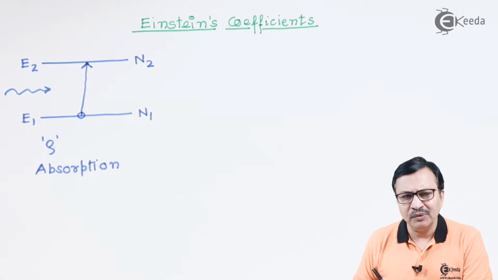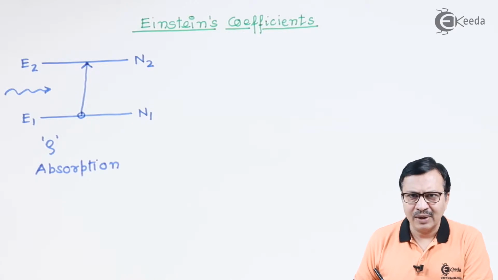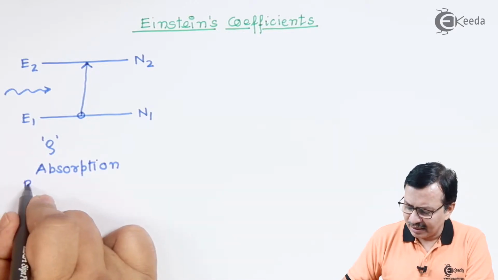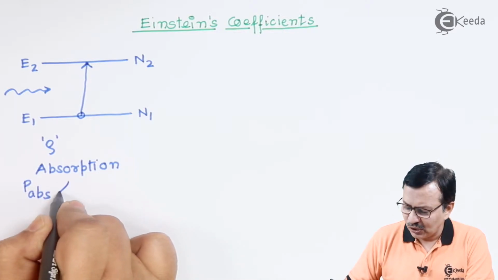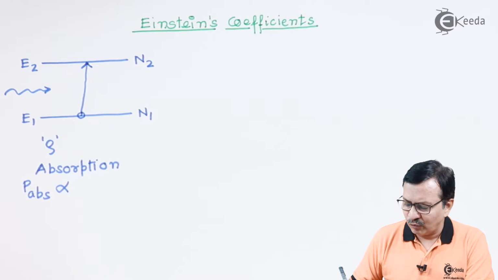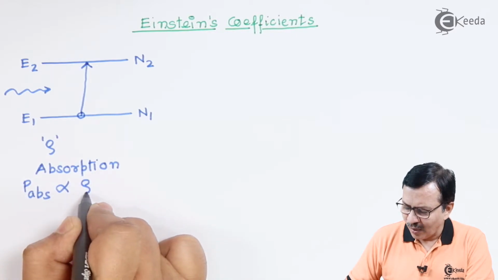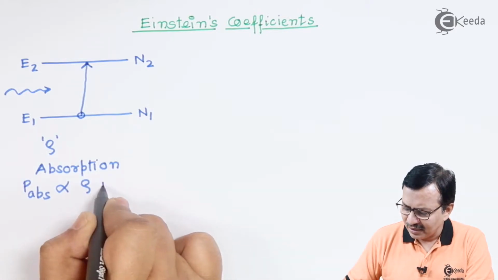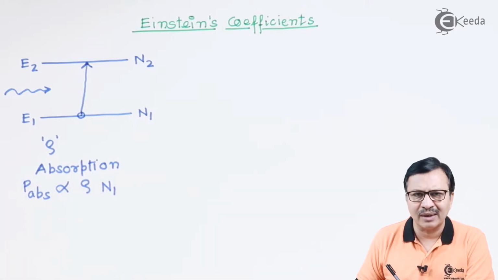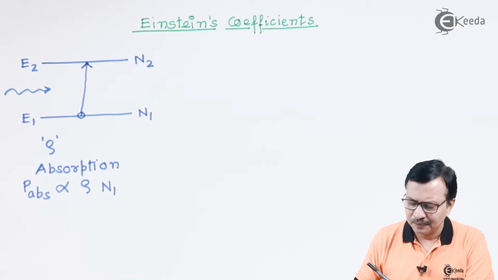The probability of this absorption happening will be represented by, let us say, P ABS, and this will be proportional to two parameters. One is the density of the incoming photonic radiation, and the second is the total number of atoms available in the ground state.